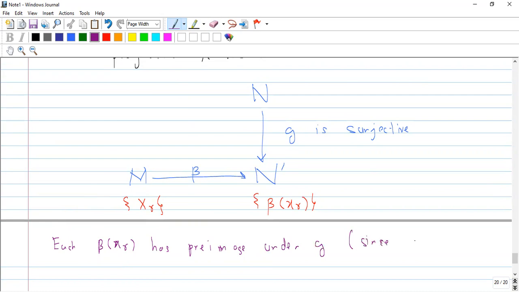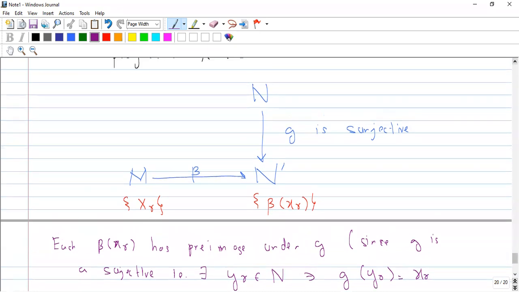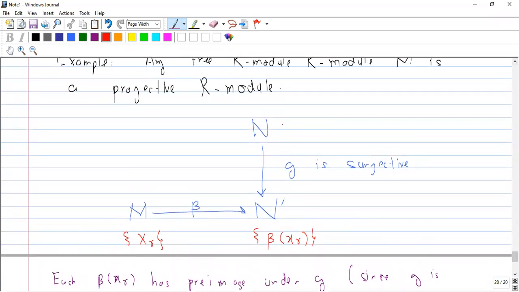Since G is a surjective map, there exists y gamma in N such that the image of y gamma under G is equal to beta of x gamma. So now I have a set of elements y gamma such that G of y gamma is equal to beta of x gamma.